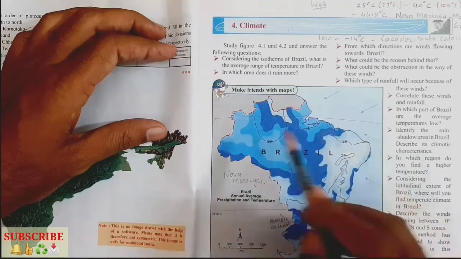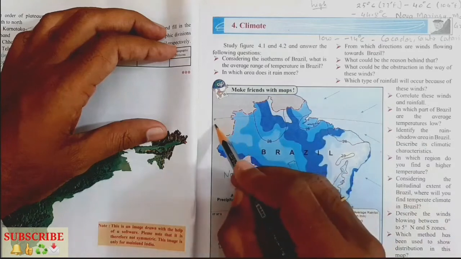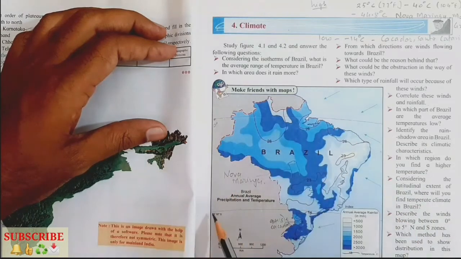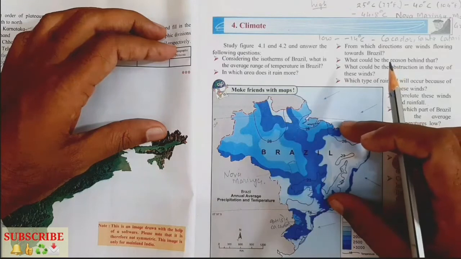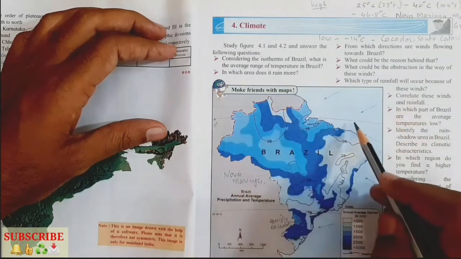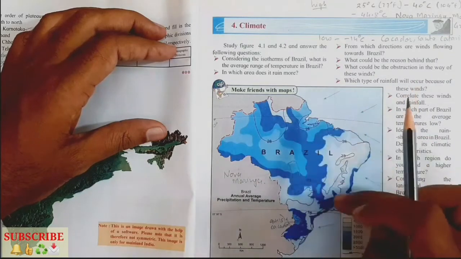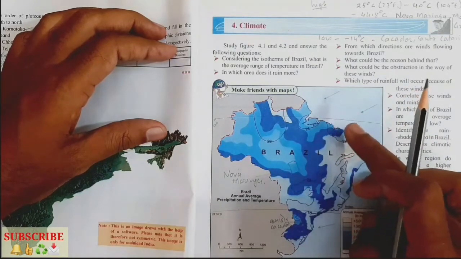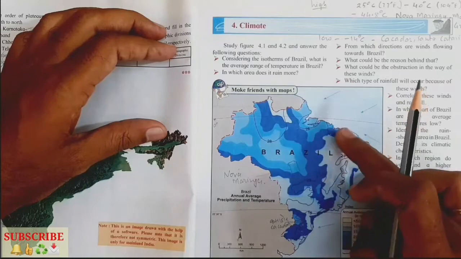So here, just now I have told you the equator passes through the northern part of Brazil. This is the equator, you can see 0 degree. And the Tropic of Capricorn passes through the southern part of Brazil, that is 23 degree 30 minutes south. It means this is the tropical zone, the region by the side of the equator, that is called the tropic zone or torrid zone, the hot zone.